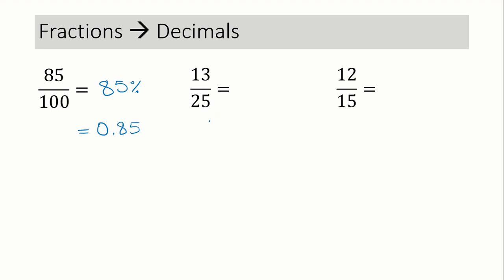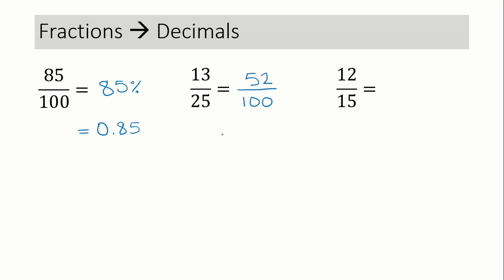In these examples here, at a quick glance, we see our denominators are not 100, but can we make an equivalent fraction out of 100? In this example, fairly straightforward, 25 is a factor of 100, and so we can make an equivalent fraction there. We're going to take 13 and multiply it by 4, because we had to multiply 25 by 4 to get 100. So 13 times 4 is 52.